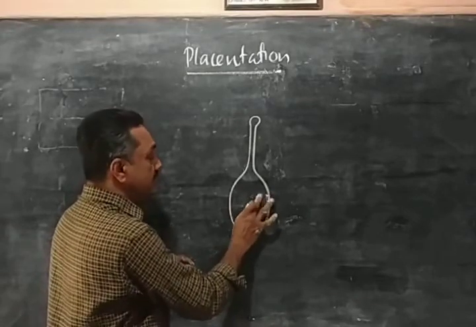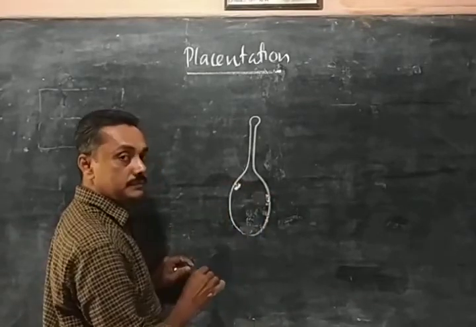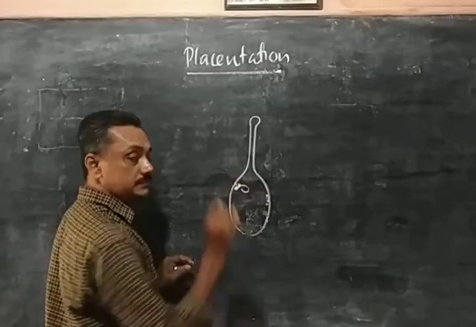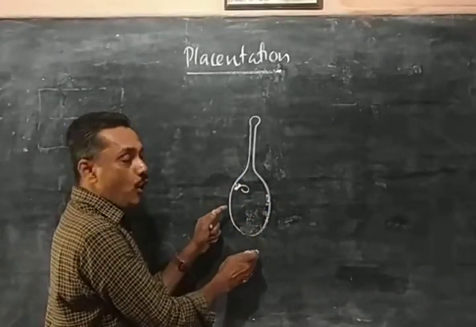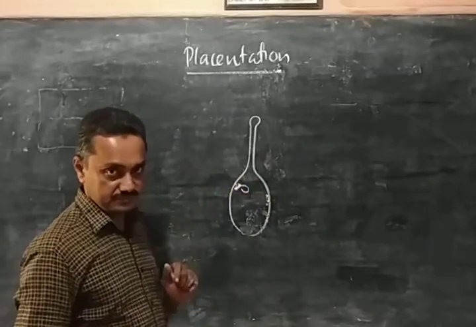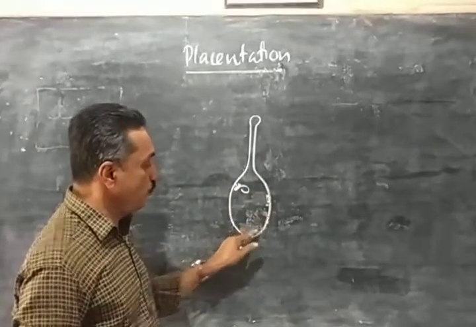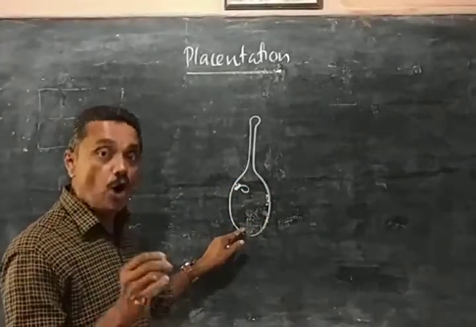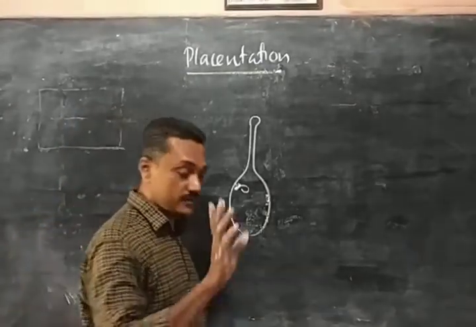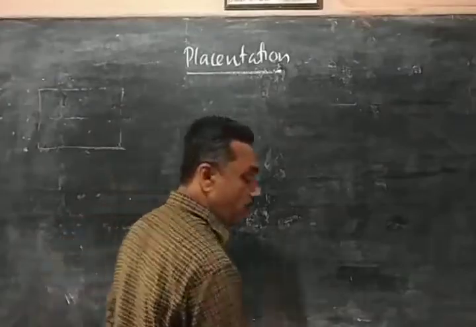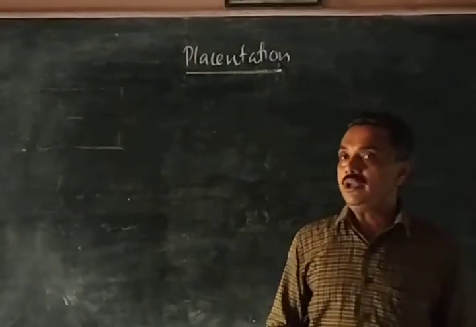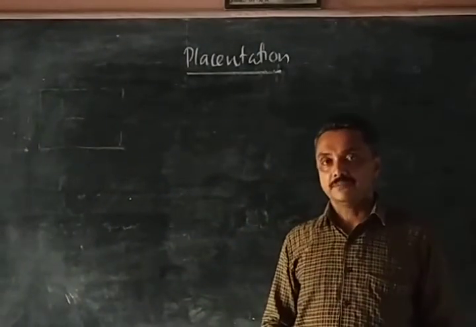In some cases, placenta is here and the ovules are present there. Where the placenta is present, ovules are present there. This arrangement of ovules on the placenta is called placentation. It's very important for the examination point.